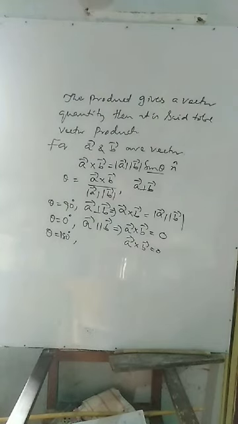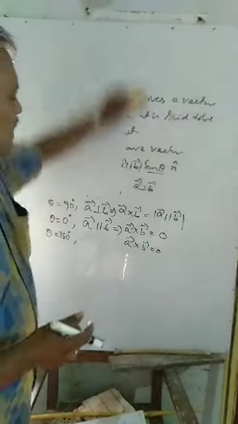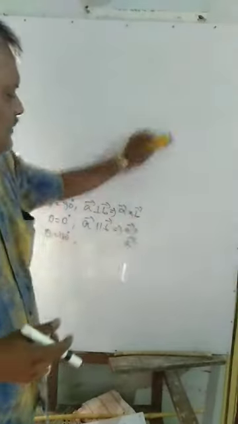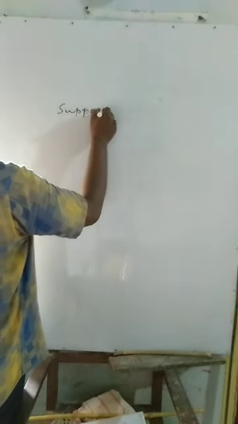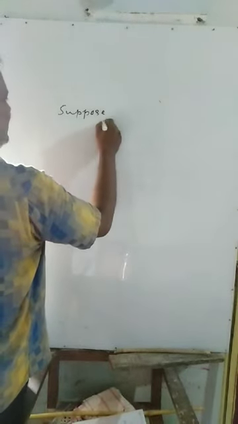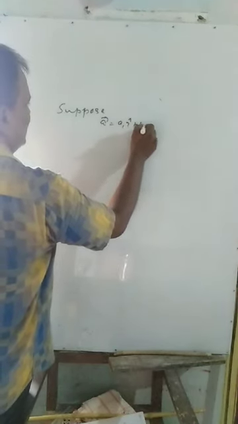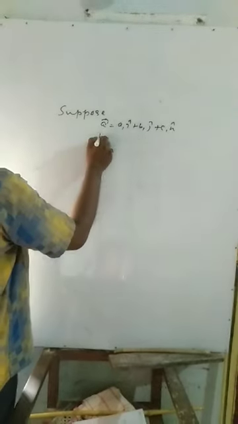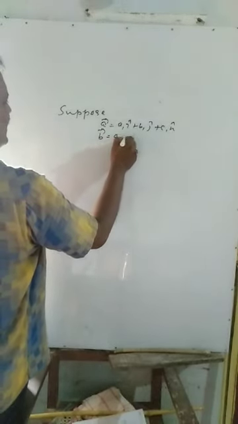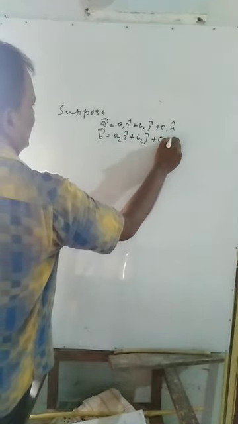But in general, how do we find the cross product between two vectors? Now look at this. Suppose A vector equals A1 i cap plus B1 j cap plus C1 k cap, and B vector equals another vector A2 i cap plus B2 j cap plus C2 k cap.